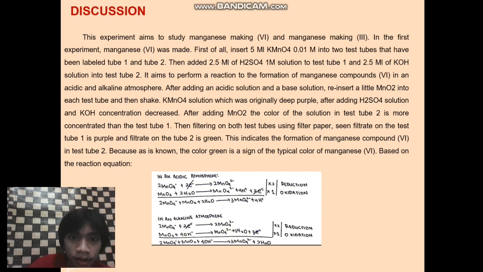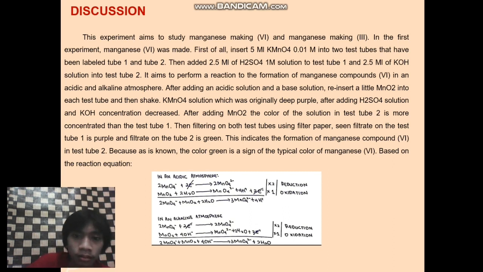After adding an acidic solution and a base solution, insert a little manganese dioxide into each test tube and then shake. The KMnO4 solution, which was originally purple, decreased in concentration after adding sulfuric acid solution and KOH. After adding manganese dioxide, the color of the solution in test tube 2 is more concentrated than test tube 1.